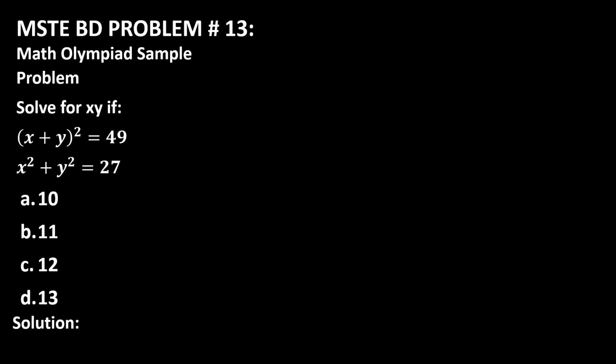Let us start solving the problem. Again, for our first step, we need to expand an equation. And what would be that equation that we have to expand? Equation 1 is actually the equation that we have to expand, and we have it as the square of x plus y equals 49.